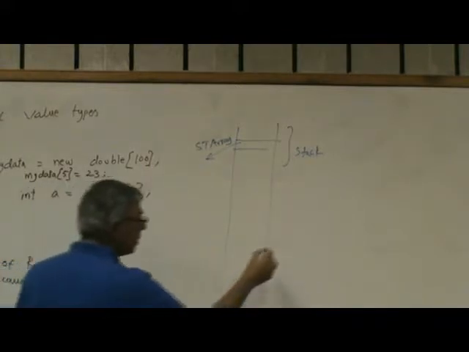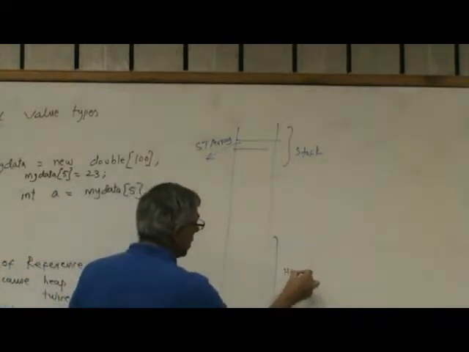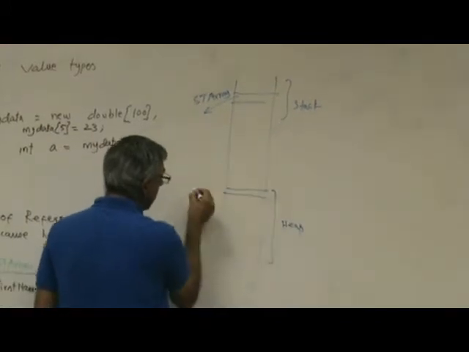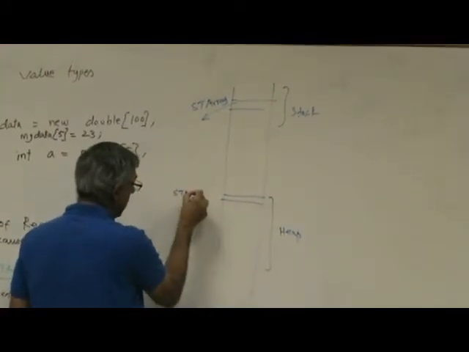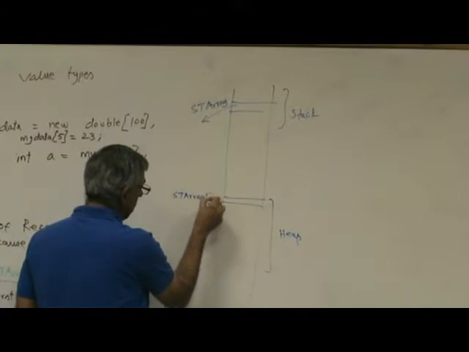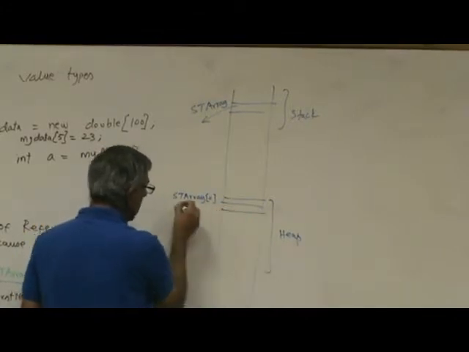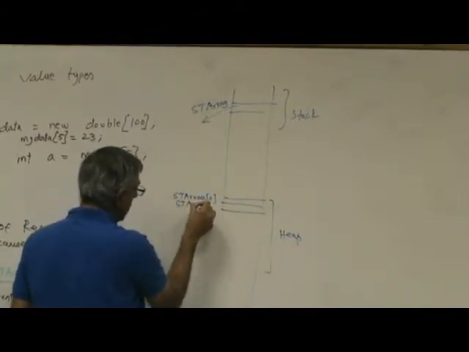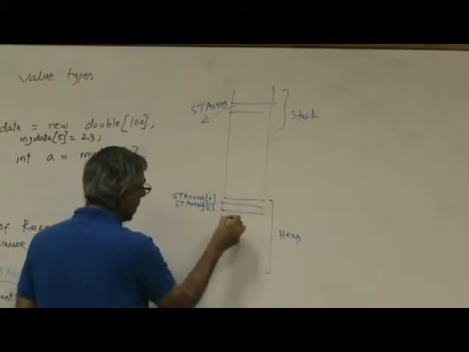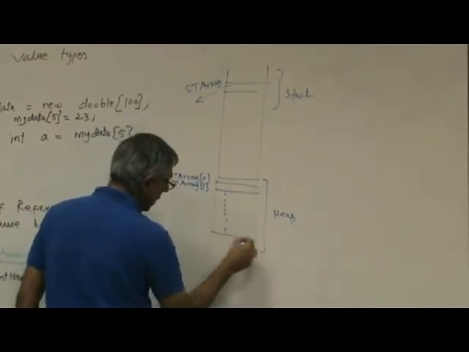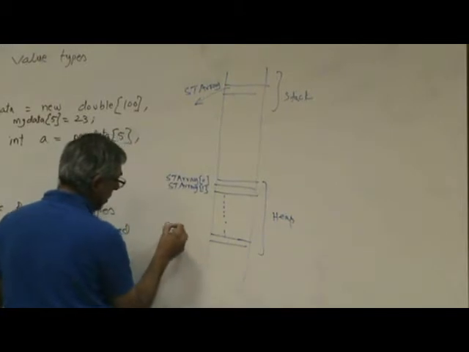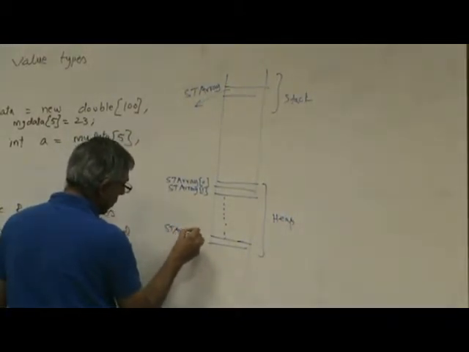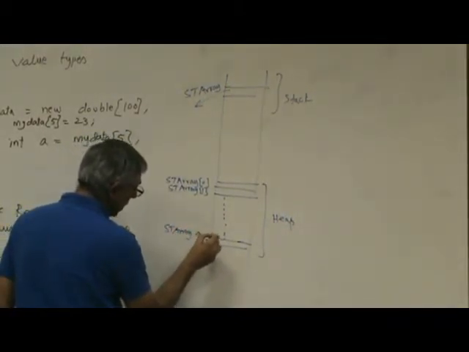It will go to the heap area, and it will create ST array of 0, ST array of 1, and ST array of 4,999.